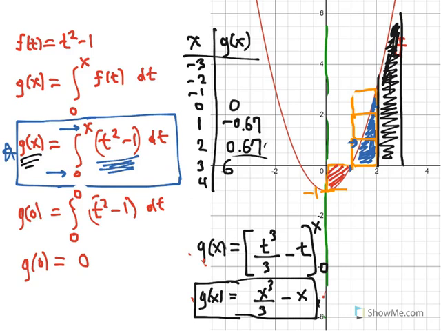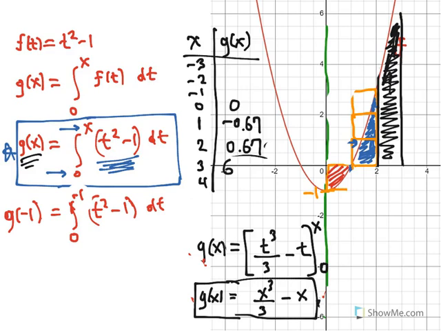What about g of negative 1? Now this is something that you have to apply properties of definite integrals for. So we have g of negative 1 is equal to the definite integral from 0 to negative 1 of t squared minus 1 with respect to t.